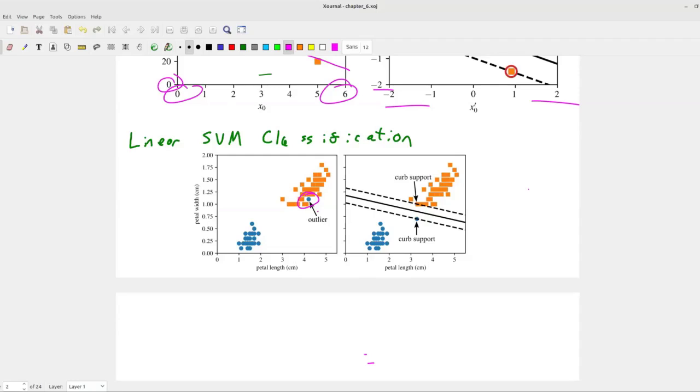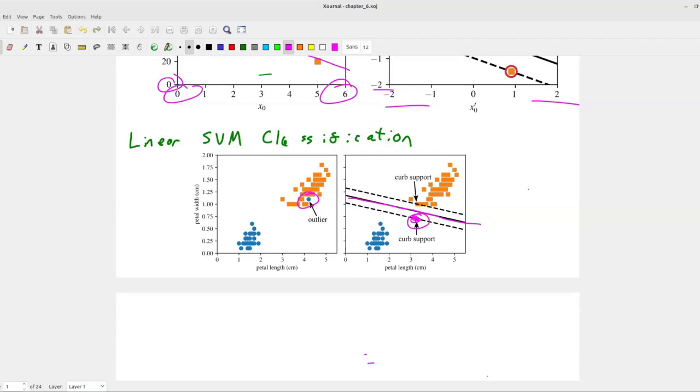Here I've got an outlier, so I wouldn't be able to make a hard margin support vector machine, right? If I've got another outlier here, I'm again going to draw a classifier in between the two, but because I've got a support here, I'm not allowed to violate that support. So that's going to be called a hard margin system. And it's really not optimal for what we want to do.